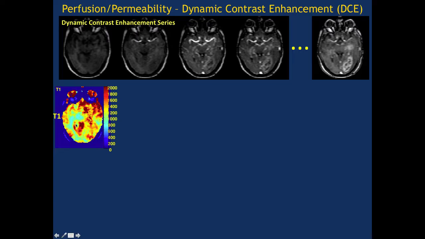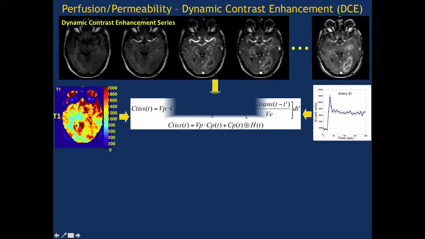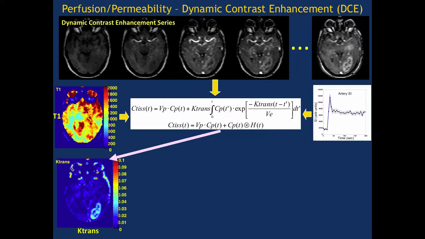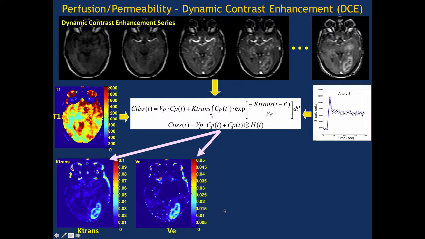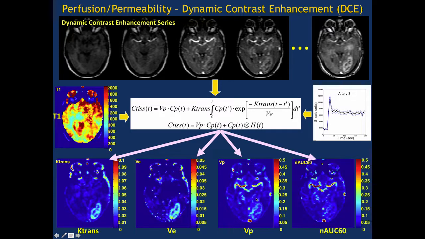So we'll go through an extra set of calibration sequences to measure T1, as well as measure input functions, apply the mathematics, and from that, with great effort and formalism, generate these quantitative maps of K-trans, or the interstitium volume, the plasma volume, or other parameters related to the permeability of that agent in that tissue.